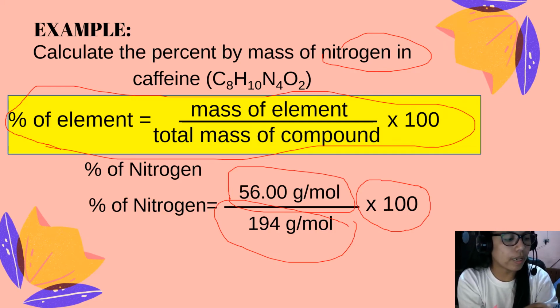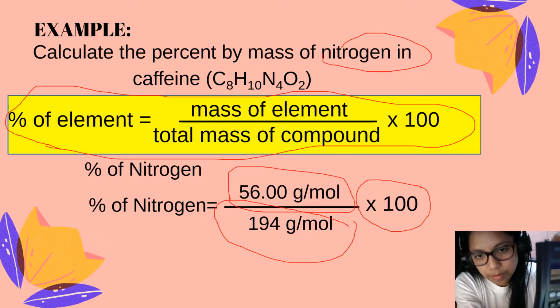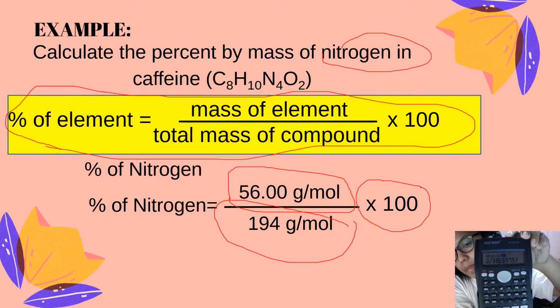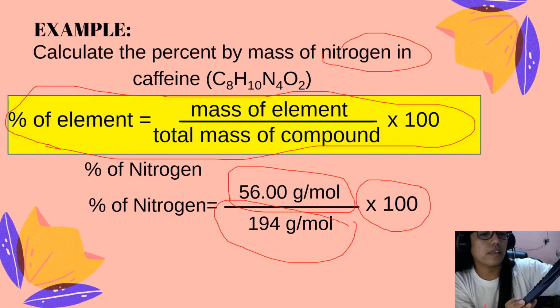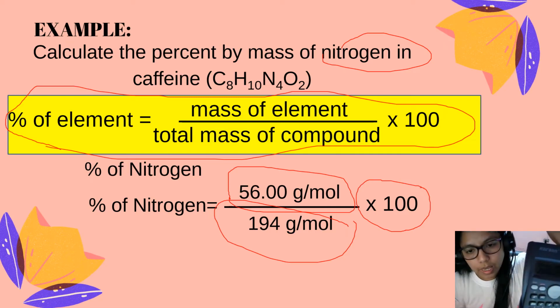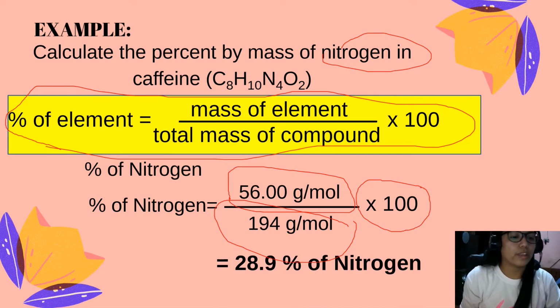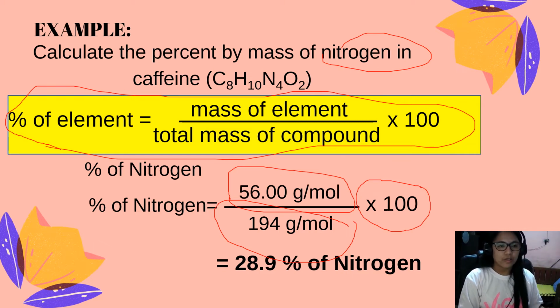So, i-multiply natin yung answer sa 100. So, the answer is 28.9%. So, i-round up na po natin siya. Okay? So, the percentage of nitrogen is 28.9.